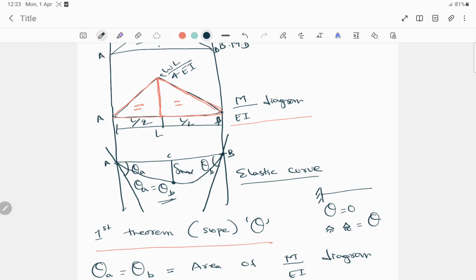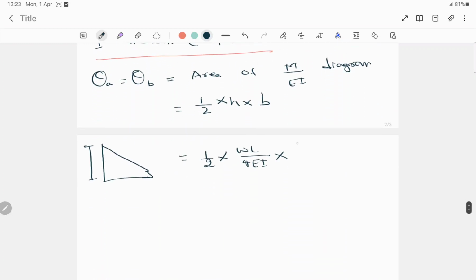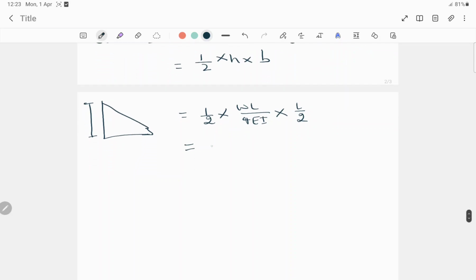Simplifying, we get WL square by 16 EI. So theta B is equal to WL square by 16 EI.